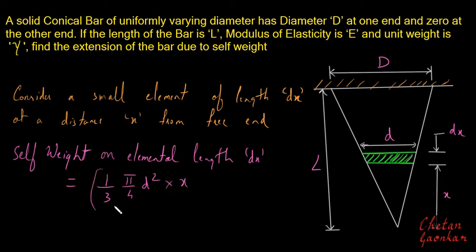So 1/3 of area multiplied by height is 1/3 of pi by 4 d square multiplied by x, and the self weight will be that multiplied by the unit weight, gamma. So this is the load which will be acting on this small elemental length dx.